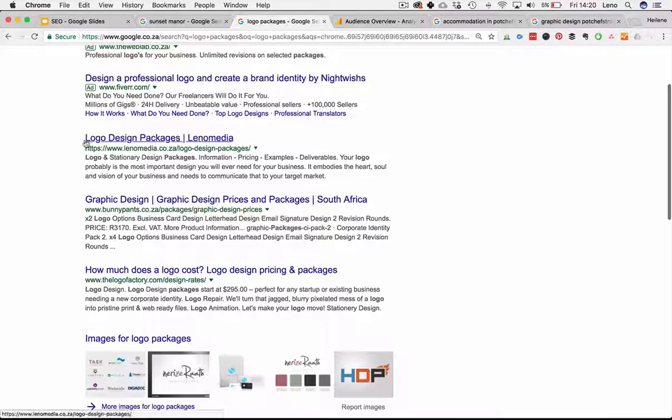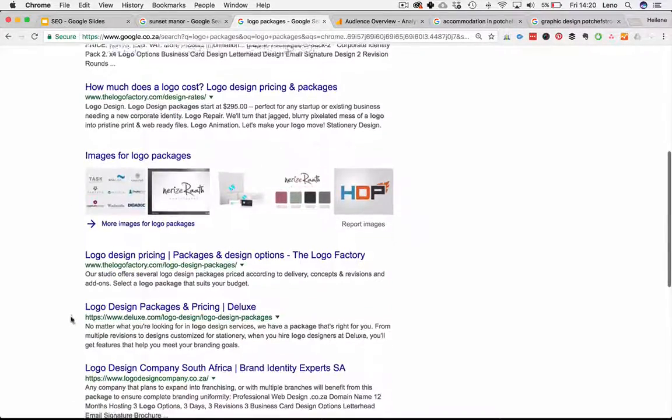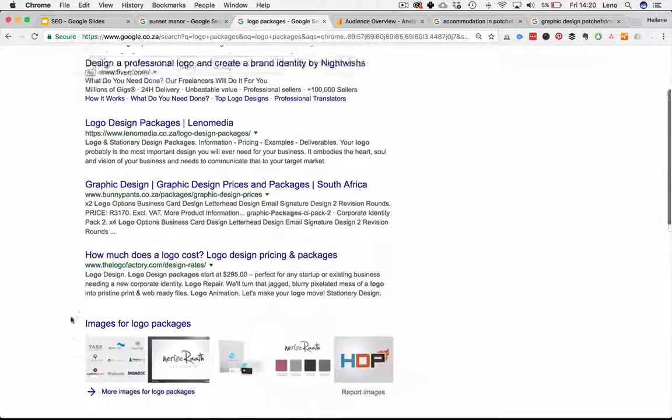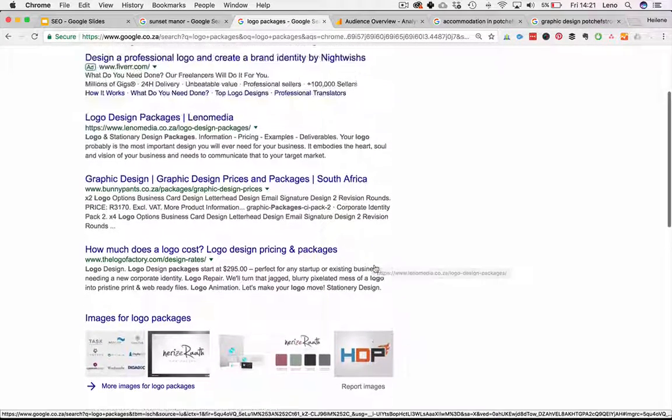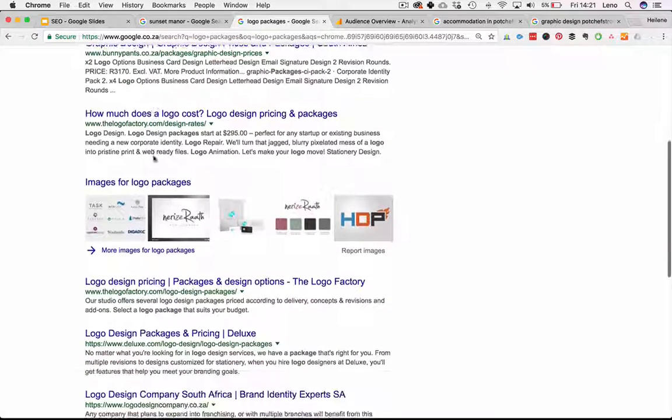Then in the first position in the organic search, the SEO, you have one of our pages as well, with logo design packages, and we have 3 positions here and 10 in total. Because it's related to images, you'll also see some of our designs here. So we optimize both for search engine optimization, and we also optimize our images.